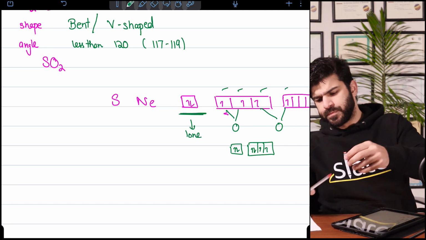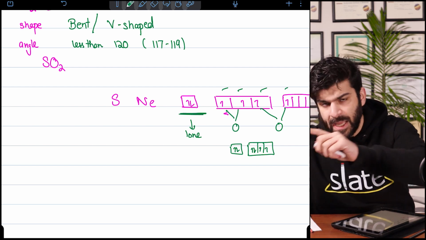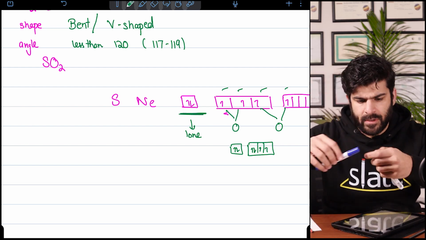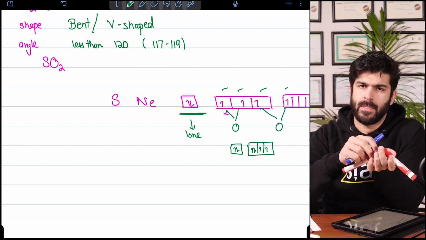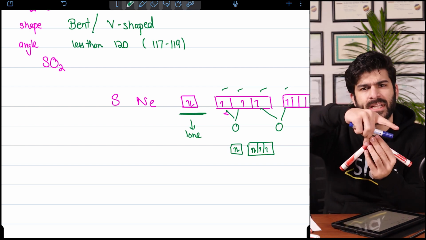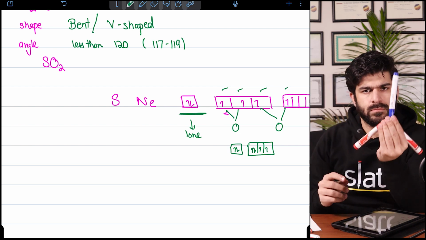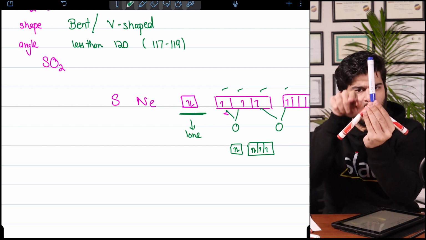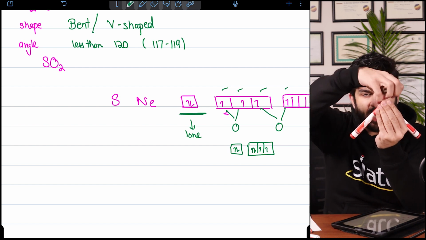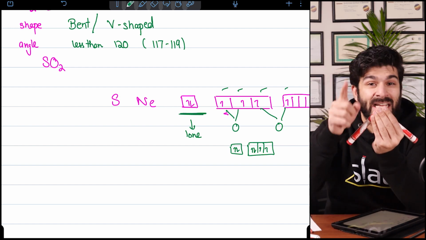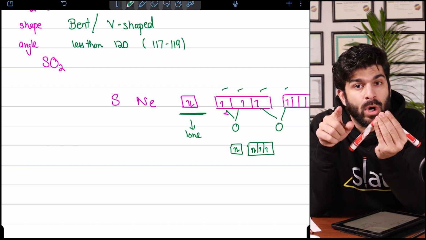So what happens, students? AB3 will always have bonding in this way. So this is 120, 120, 120. But now this bond is removed. We've just got a lone pair here. And as I said, lone pair will be more repulsive.